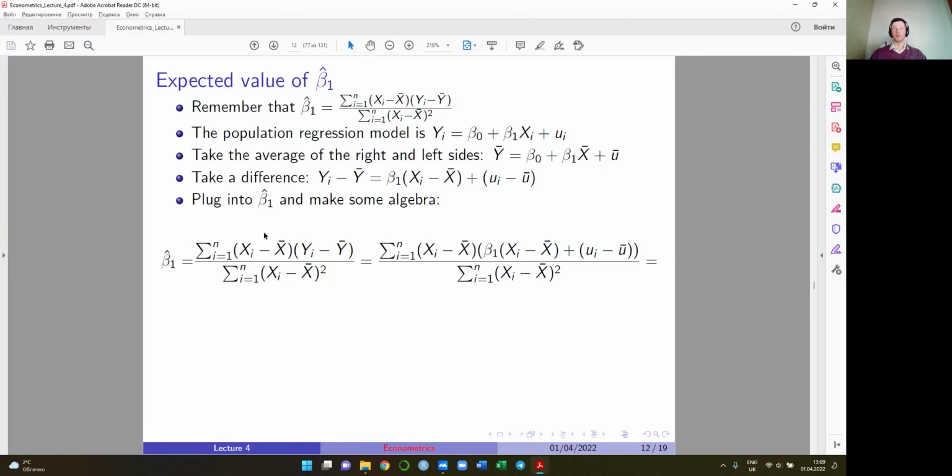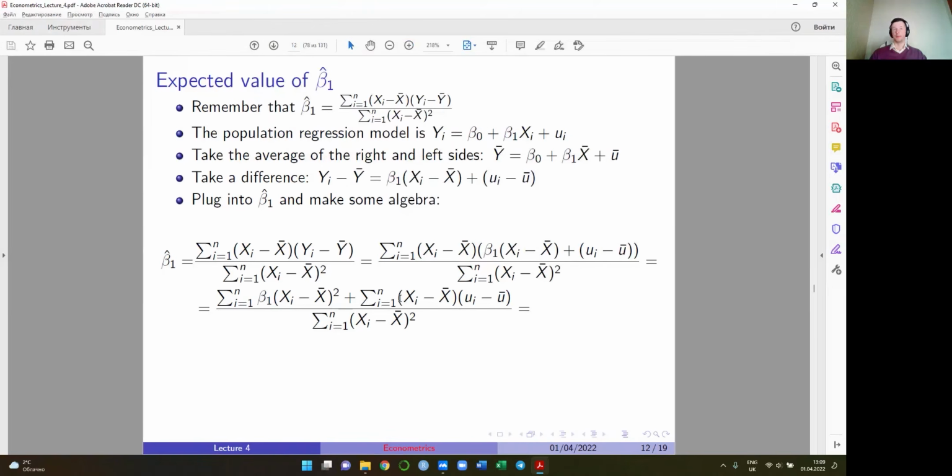First of all, instead of this difference, I plug in this expression, it's here. And then I hope the further steps are obvious. We open these brackets, we multiply xi minus x bar by this xi minus x bar with beta 1, and then xi minus x bar by this. So it's here.